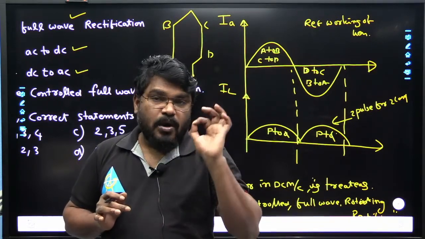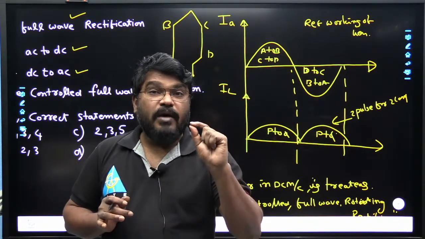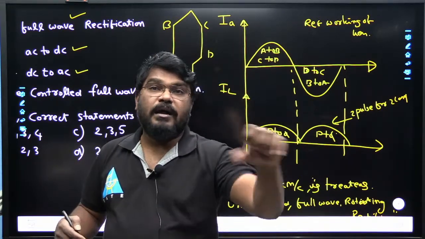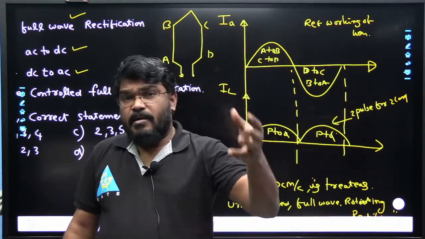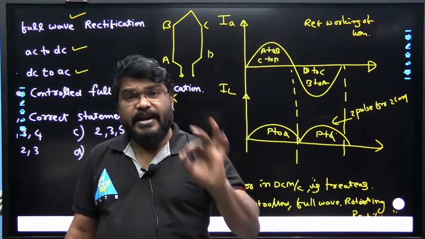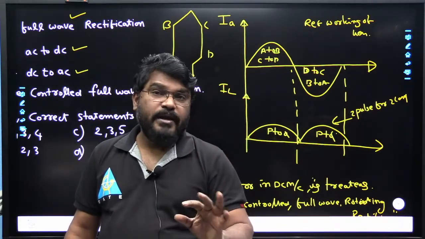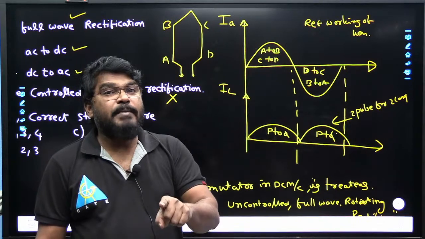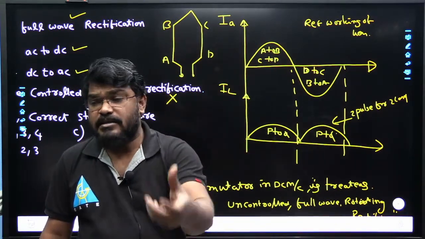So what we have to do here is place more conductors in the armature. That means it is not a pulsating DC. Definitely it is pure DC on the output, but that can be obtained by placing more conductors in the armature.